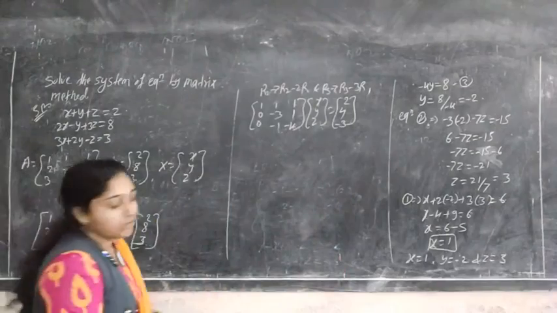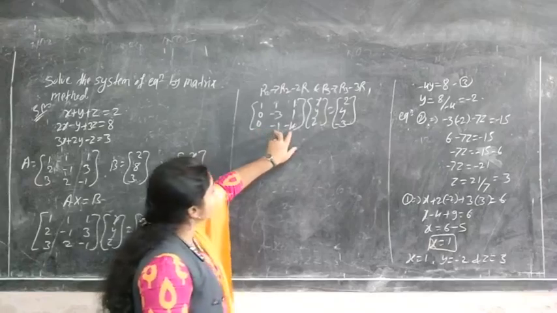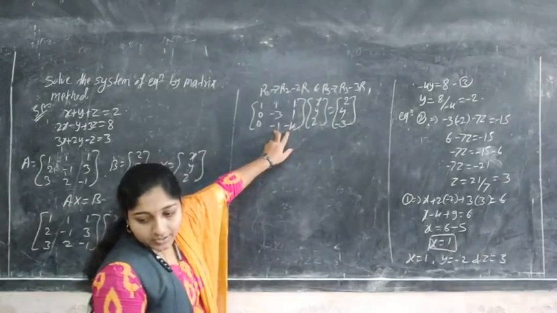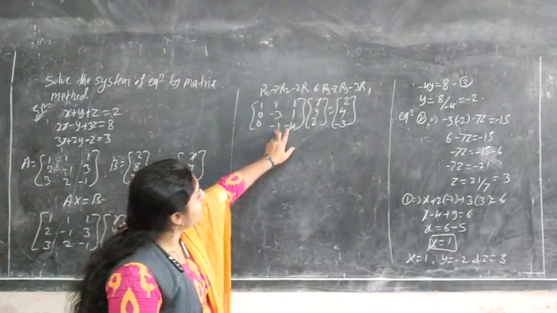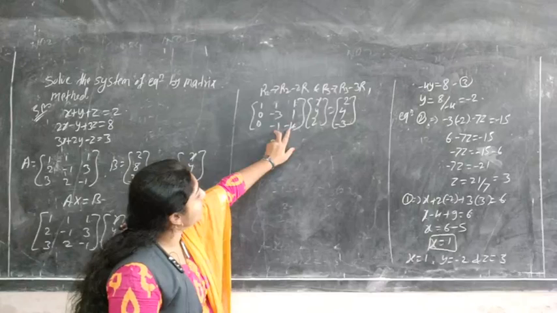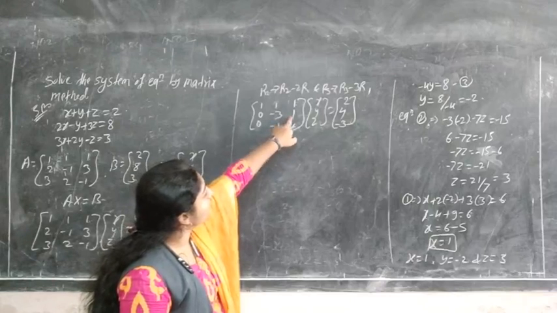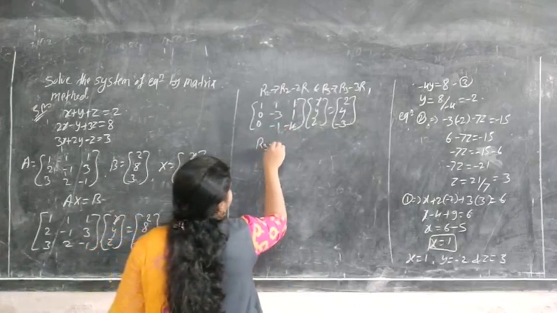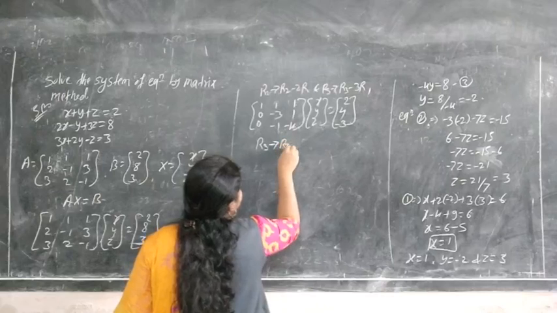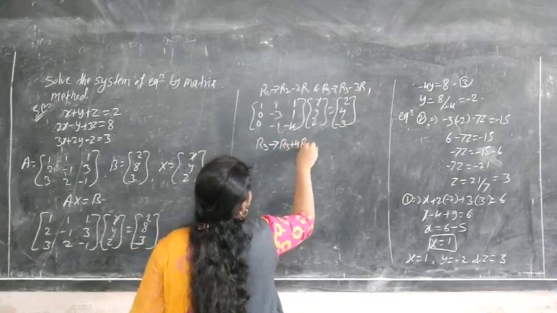Yes. Now try to make either this element 0 or this element 0. If you see here, it is possible to make this element 0 because here we have 1, so it is easy. So apply R3 changes to R3 plus 4 R2. Is it?